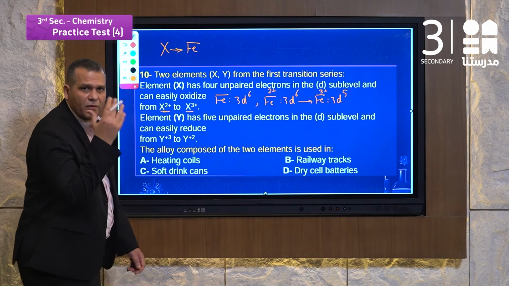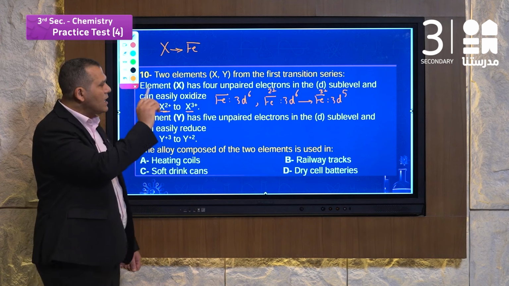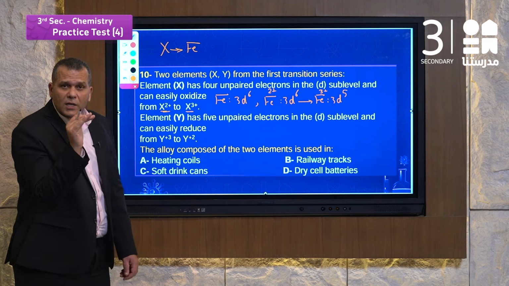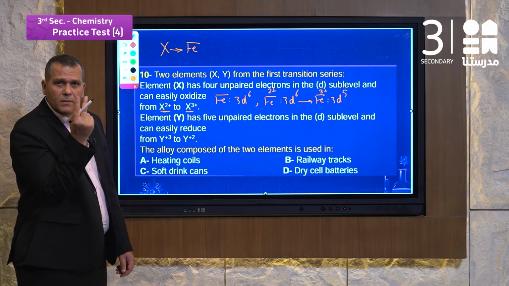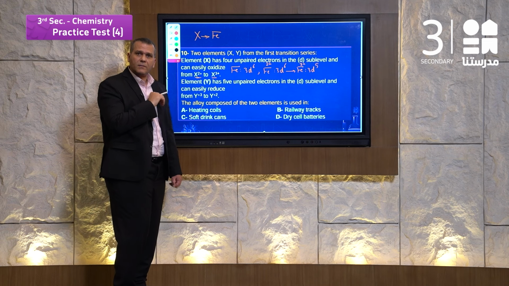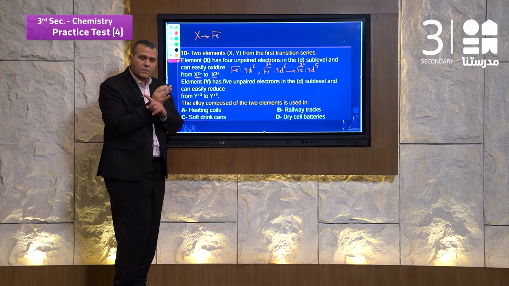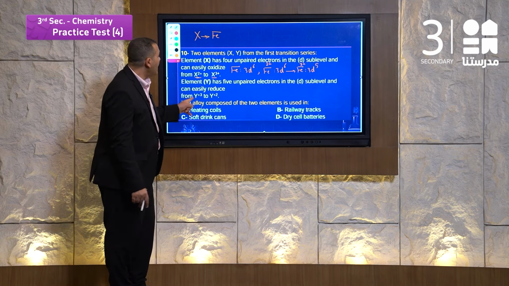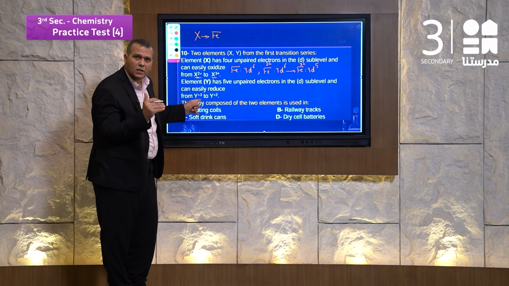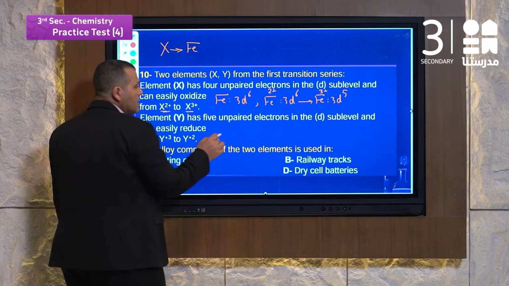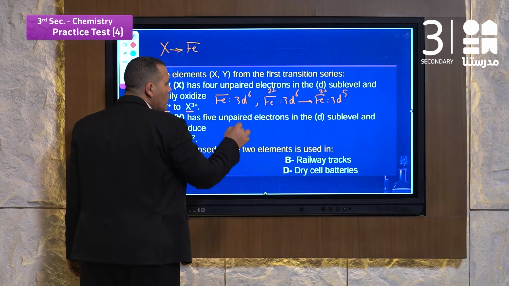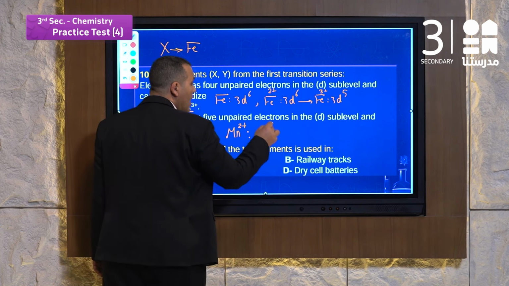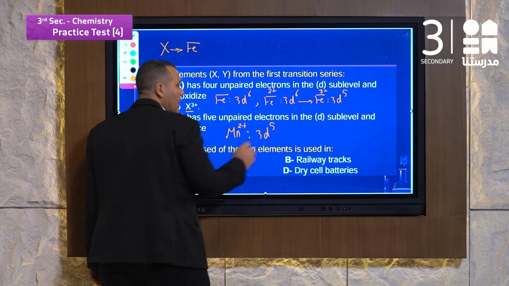Element Y has 5 unpaired electrons in the d sublevel and can be easily reduced. For the first transition series, there are 2 elements ending with a half-filled d sublevel, chromium and manganese. Which one does he want here? He says it is easily reduced from positive 3 to positive 2. Manganese 2 positive ends with 3d5, which is lower in energy and more stable.